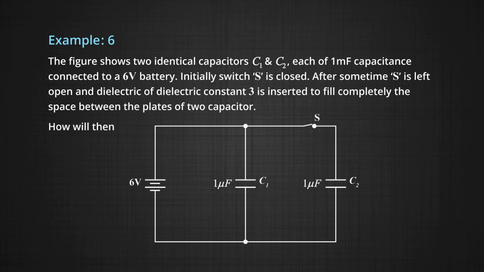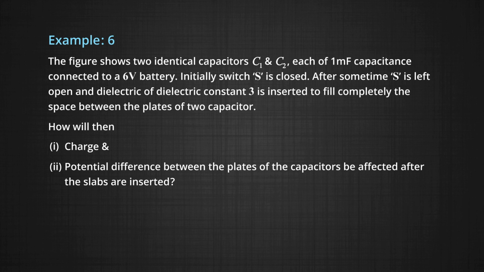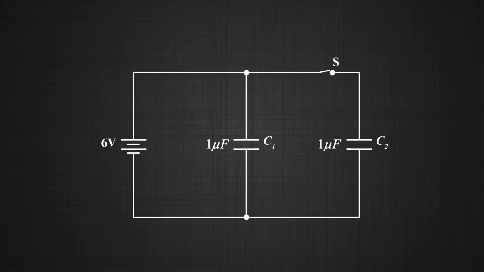How will then, part 1, the charge, and part 2, the potential difference between the plates of the capacitors be affected after the slabs are inserted? This is the diagram. The solution goes like this.